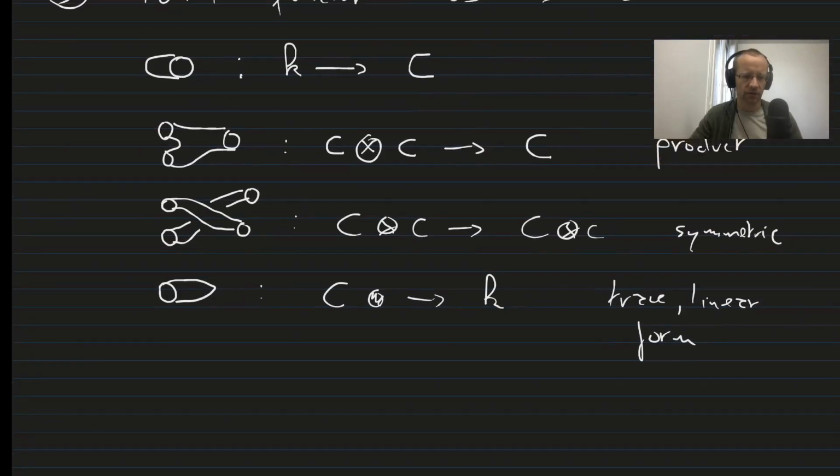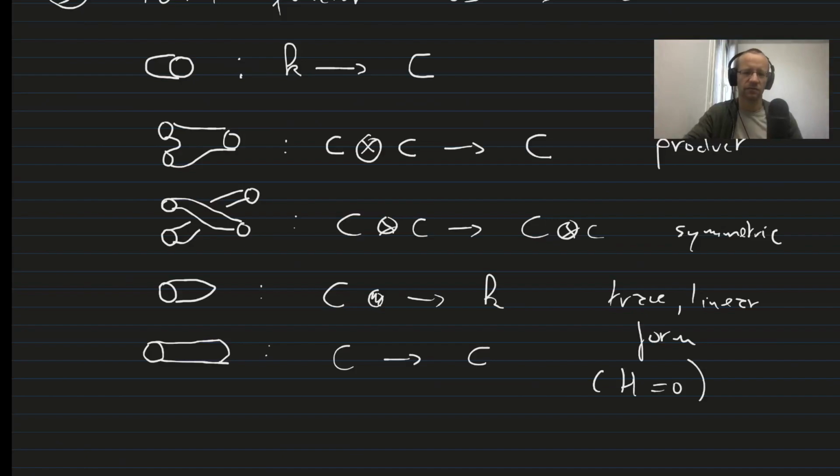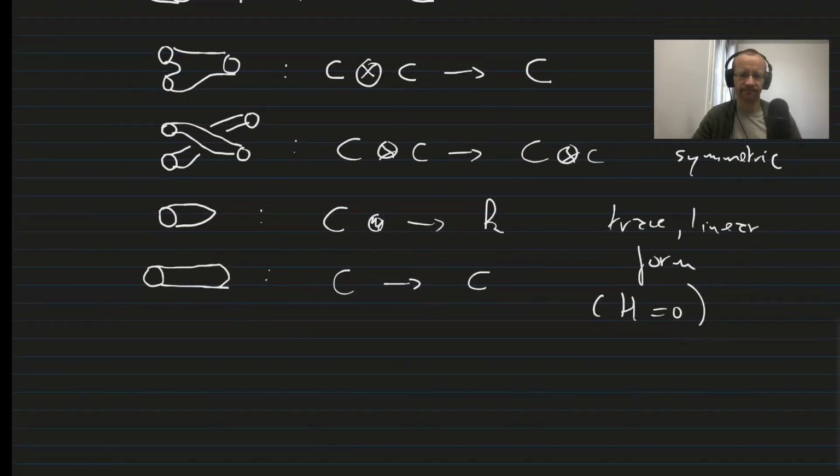Of course, this propagation is just a unit map. If you wish, this codes that the Hamiltonian of the topological quantum field theory is 0, such that propagation is trivial. So this is the identity map in C.